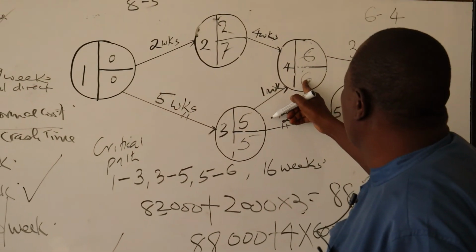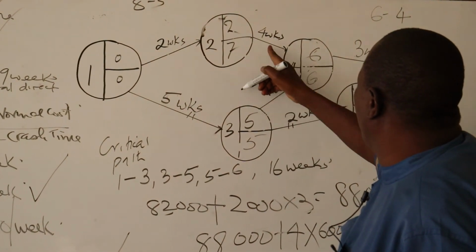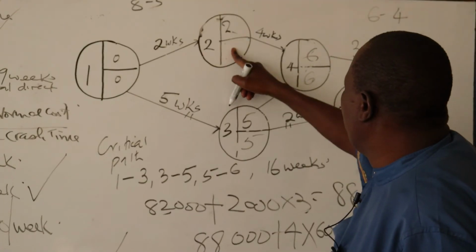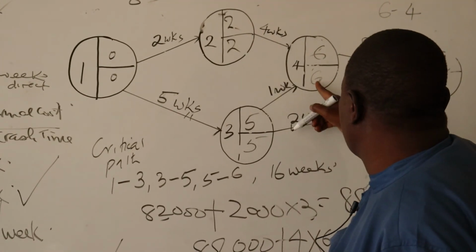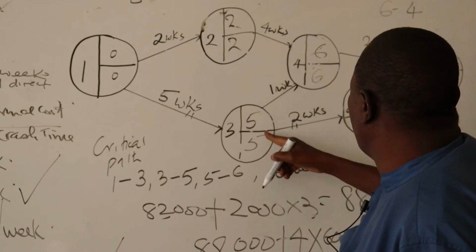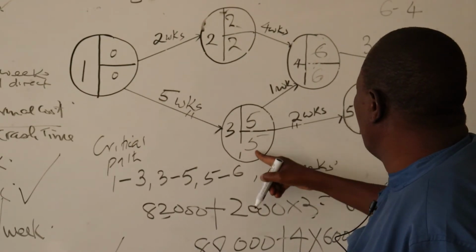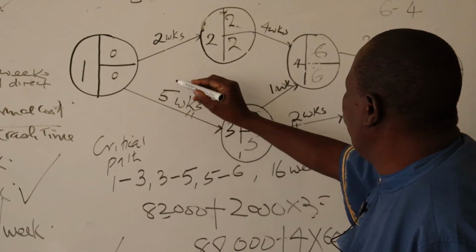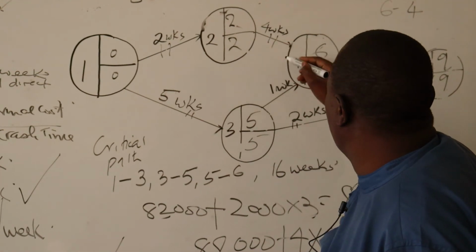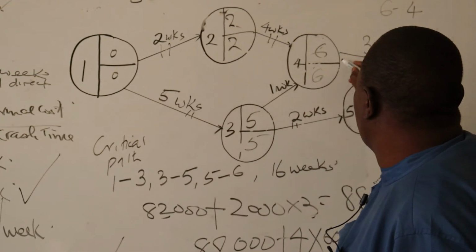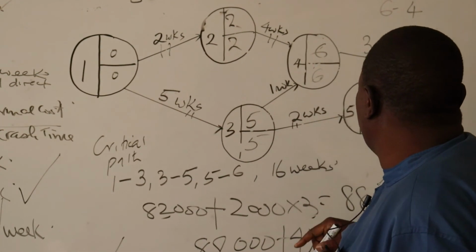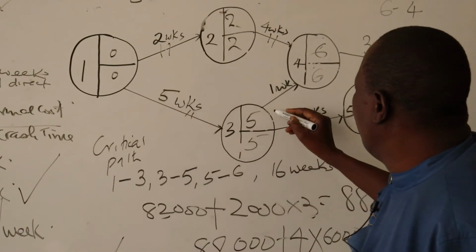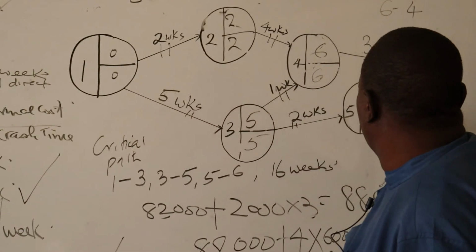This is 6. 6 minus 4 is 2 here. That is the backward pass. Then 6 minus 1 is 5. 7 minus 2 is 5. Then this is the critical path. 2, 2, 6, 6, then 9, 9. Then 5, 5, 6, 6.